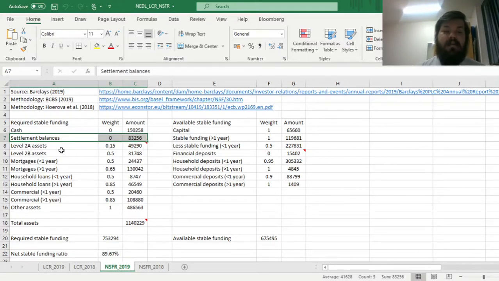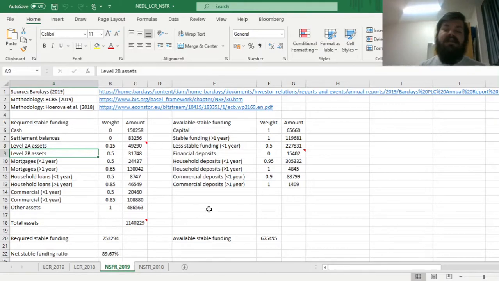Then there is a throwback to the liquidity coverage ratio, where high-quality liquid asset categories 2A and 2B are considered not that much encumbered to warrant as much stable funding as other sources of assets. And here, level 2A assets, which are basically high quality debt instruments, government and corporate bonds, go into required stable funding with a weight of 15%.